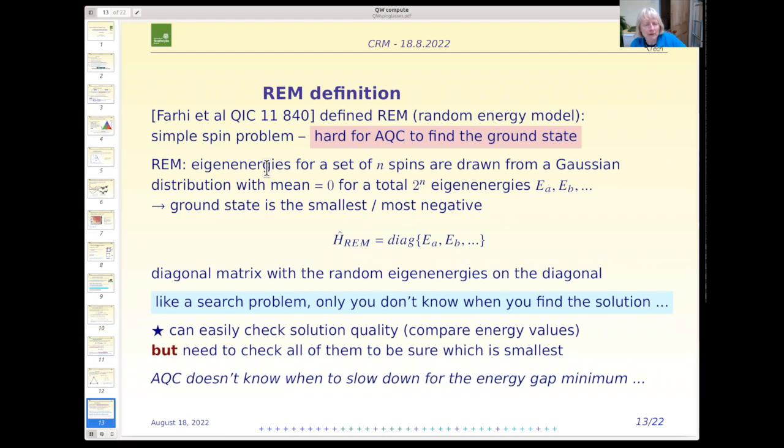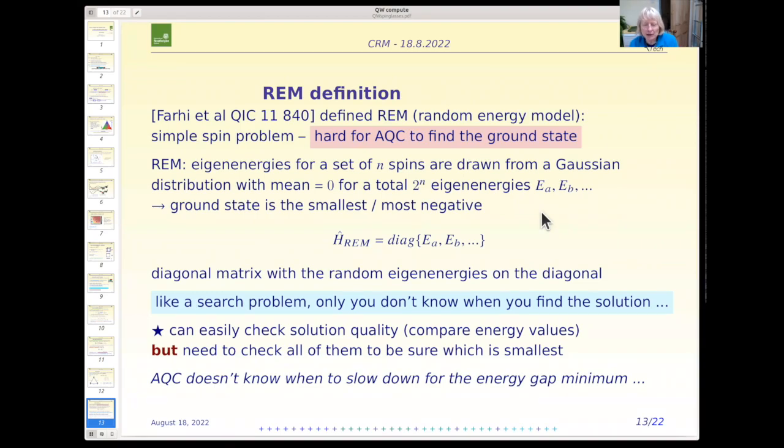So we don't think about the interaction graph and the values of the J's or the H's that specify the weights. We just, for a set of n spins, draw values from a Gaussian distribution with mean 0, and we need 2 to the n of them, because when we tensor up n two-state systems, we'll have a 2 to the n by 2 to the n matrix.